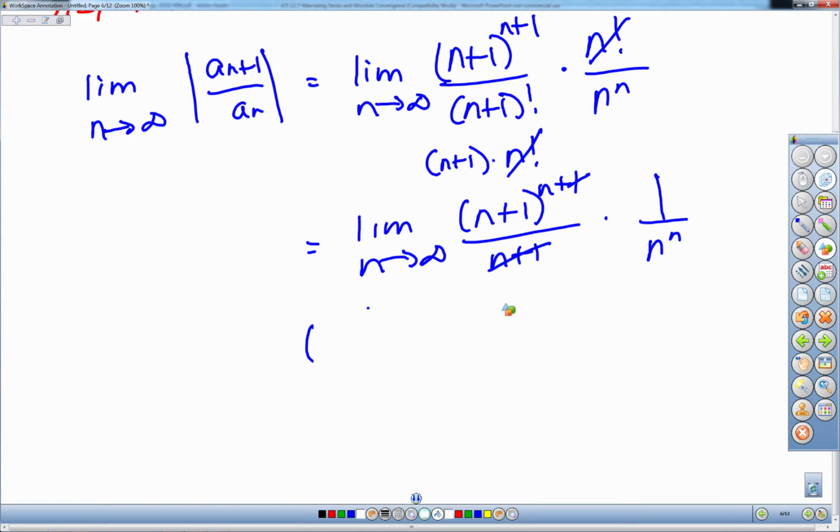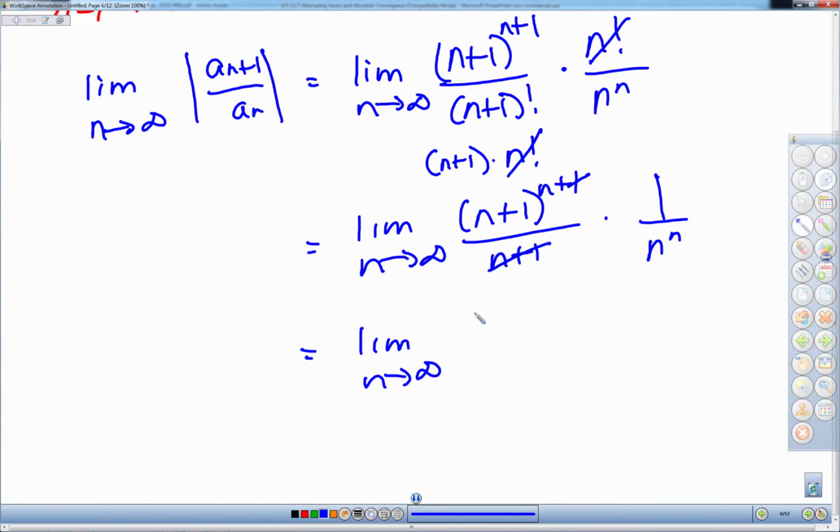All right, so here's what we've got. We have n plus 1 to the n over n to the n. Wow, okay, so what do we do with that limit? Well, what's nice here is they're both to the nth power.